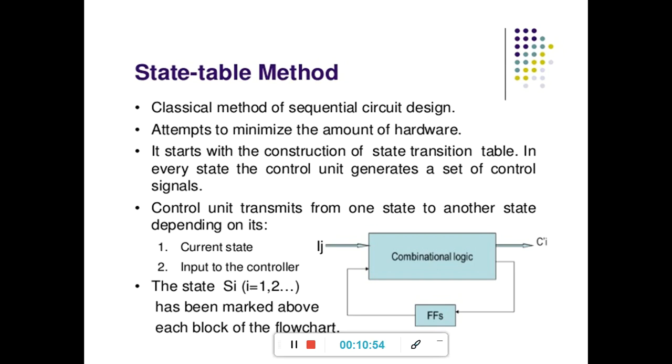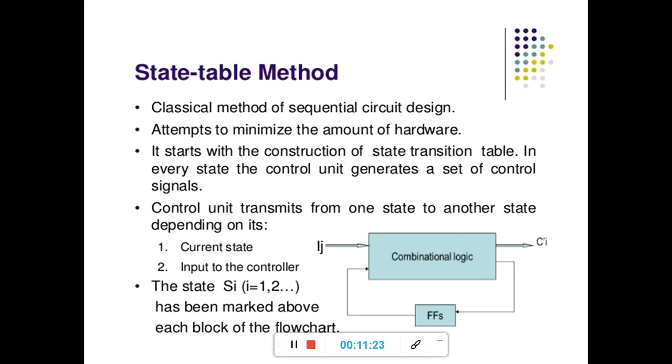Here there is a state transition table. In every state the control unit generates a set of control signals, which we have already discussed. Without control signals, without a set of protocols, we can't form a state transition table. The major role is played by the control unit, which moves from one state to another depending upon the current scenario.